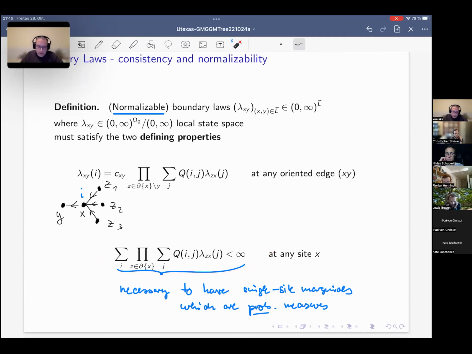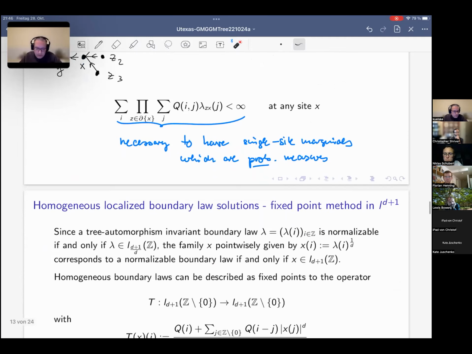Here you consider an X, and as opposed to this one, you consider everything which goes into the same vertex. So this is a product over D plus one nearest neighbors here, and this has to be finite. So you have to work in the appropriate spaces so that these things stay finite.